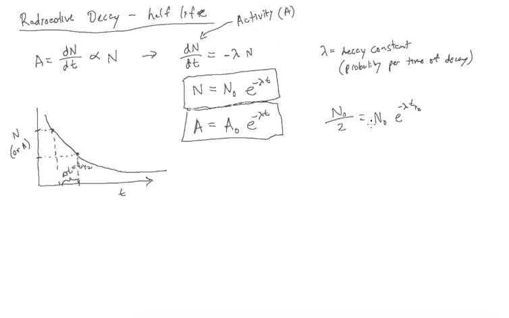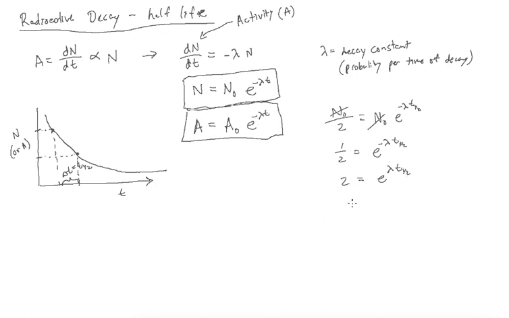All right, so n naught cancels, and you basically just solve for t sub 1/2, the half-life time. So 1/2 equals e to the negative lambda t sub 1/2. Then this could just be 2 equals e to the lambda t half-life, taking the reciprocal of both sides. And then how do you get rid of this?